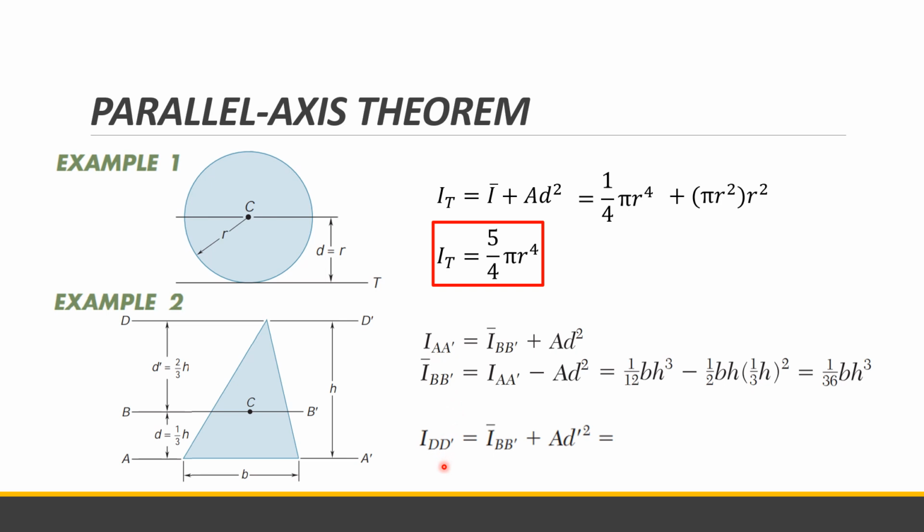So we can now solve the DD prime na moment of inertia. That is 1/36 b h cubed, which is the central moment of inertia of a triangle, plus the area, which is base times height over 2, times 2/3 h squared. So the moment of inertia with respect to the tip of the triangle, the axis DD prime, is equal to 1/4 b h cubed. So ganyan yung pag-solve natin ng moment of inertia.